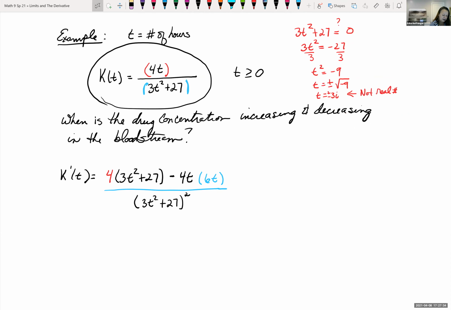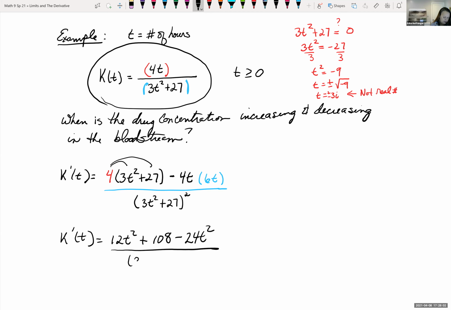Let's clean it up a little bit. Let's distribute the 4 inside the parentheses. So 4 times 3T squared is 12T squared, plus 4 times 27, which is 108, minus 4T times 6T, that's 24T squared, all over this denominator, 3T squared plus 27 quantity squared.